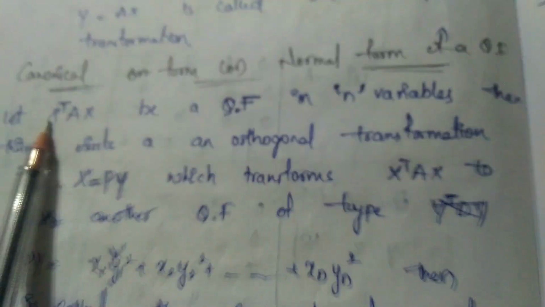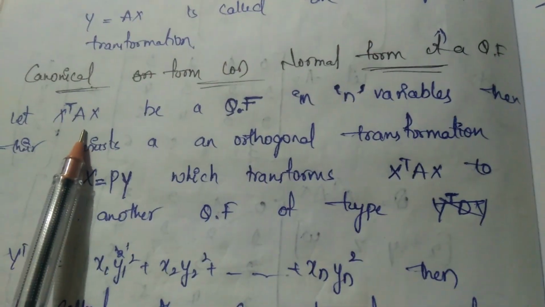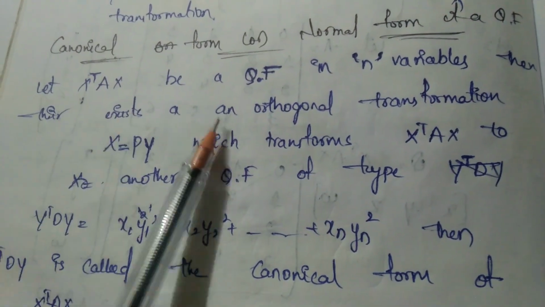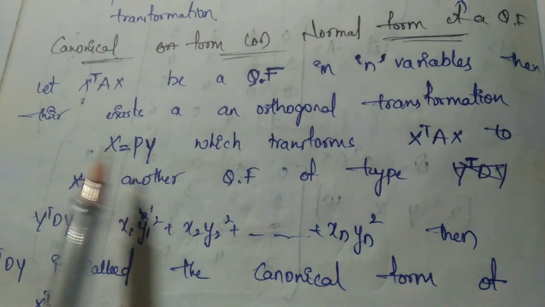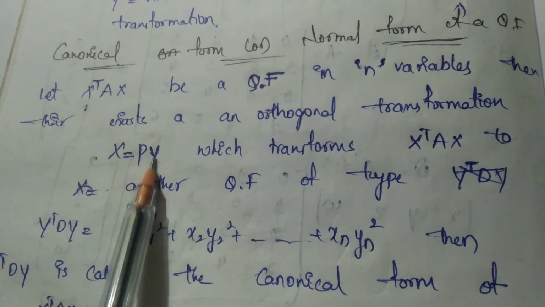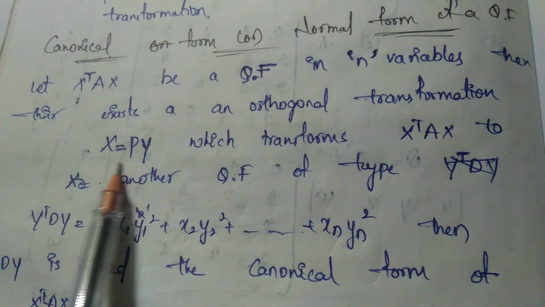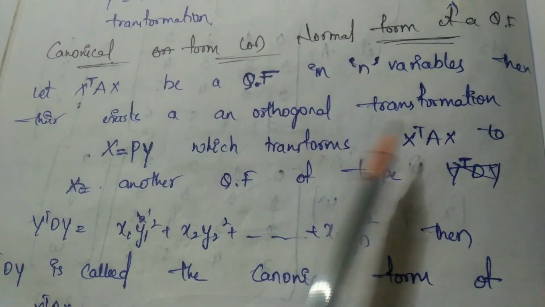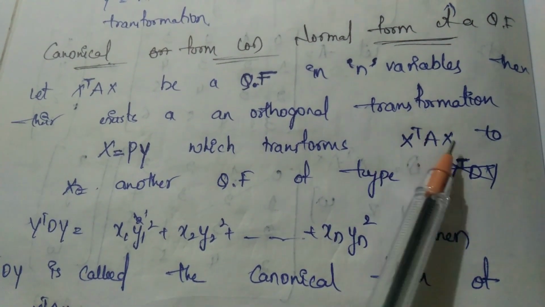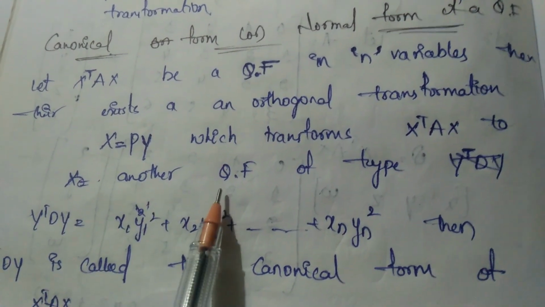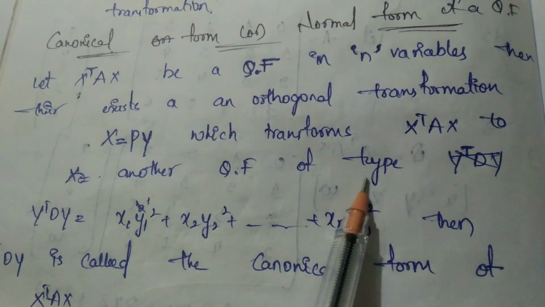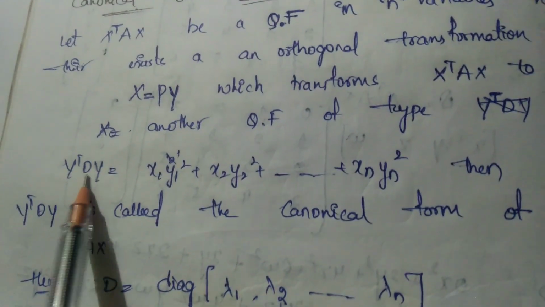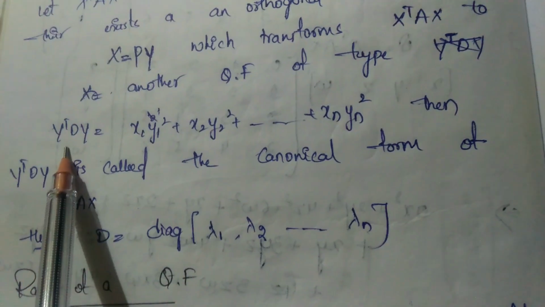Let x transpose A x be a quadratic form in n variables. Then there exists an orthogonal transformation x = Py, where P is a modal matrix, which transforms x transpose A x into another quadratic form of the form y transpose D y, where D is a diagonal matrix.